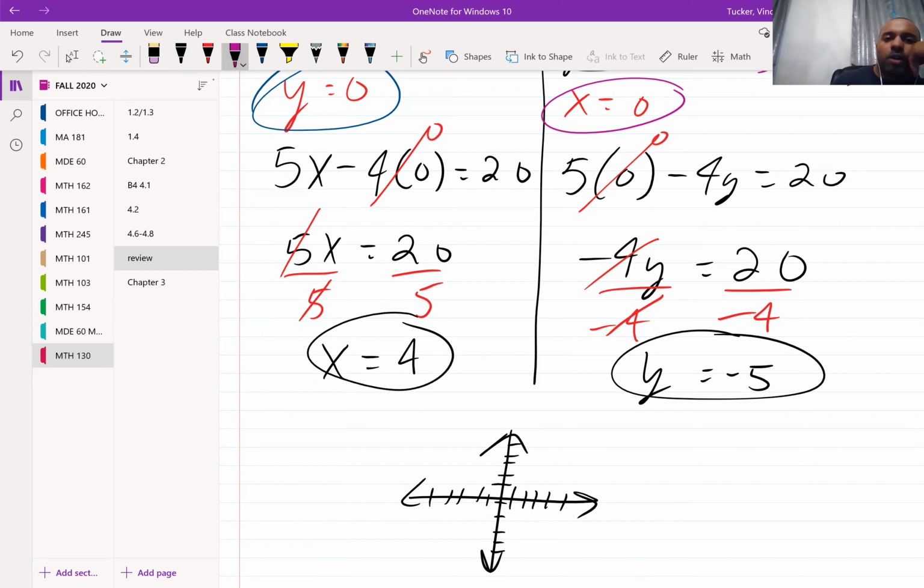So 4, 0, I will go to the right 4, but I don't move for y because that's 0. And then 0, negative 5. I do not go to the right or left for x because that's 0, but I go down 5. And that's our line.